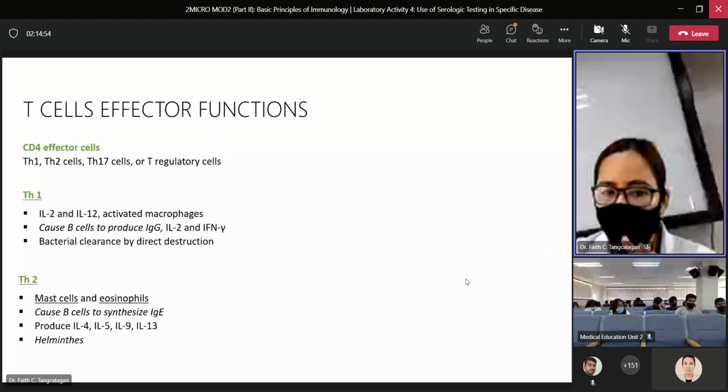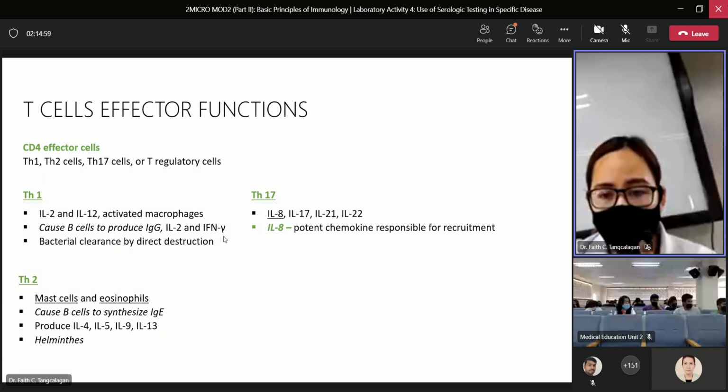So for the Th17, this one is more responsible for inducing a lot of inflammatory mediators. That's why there's the production of your interleukin 8, 17, 21, 22. But the most important inflammatory mediator for this Th17 cell is interleukin 8, whose production can become a potent chemokine.